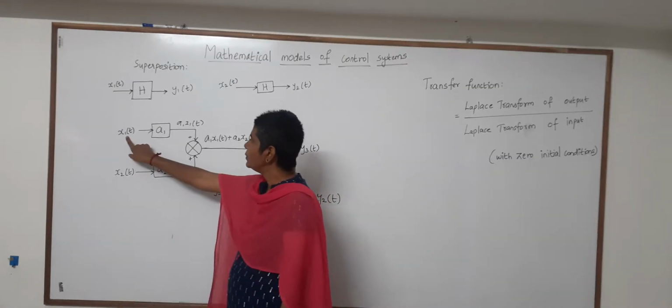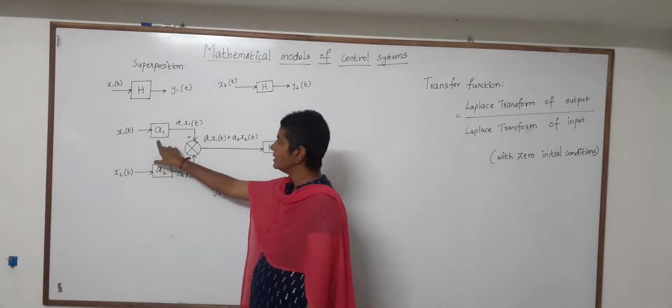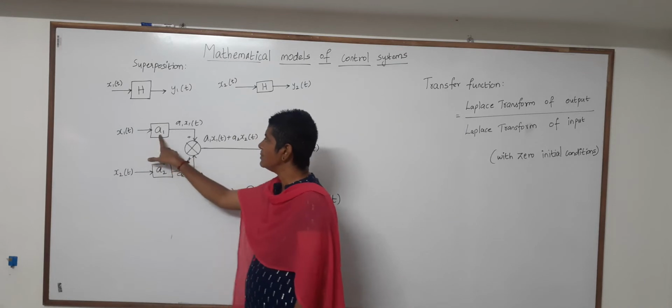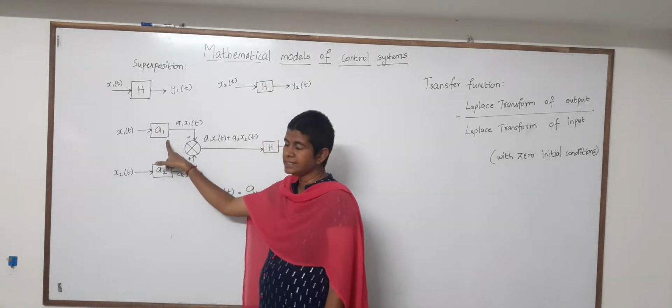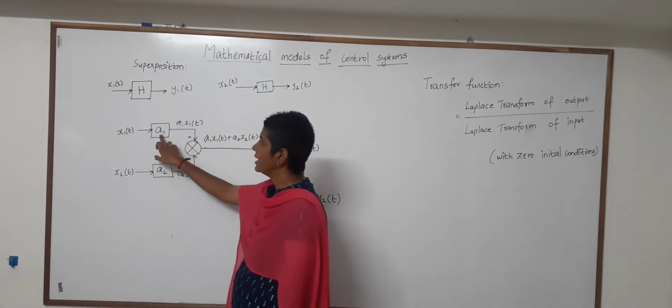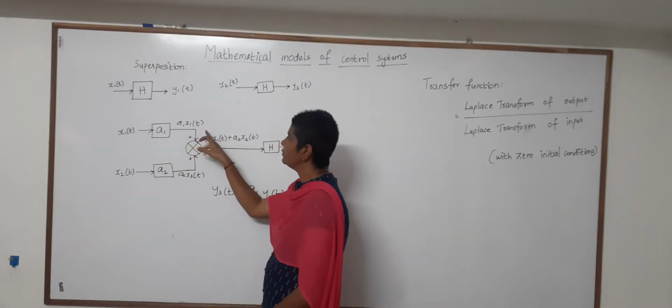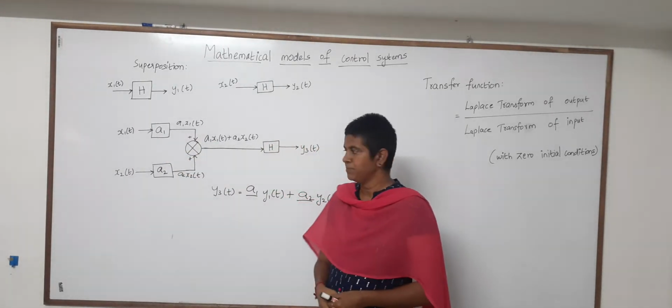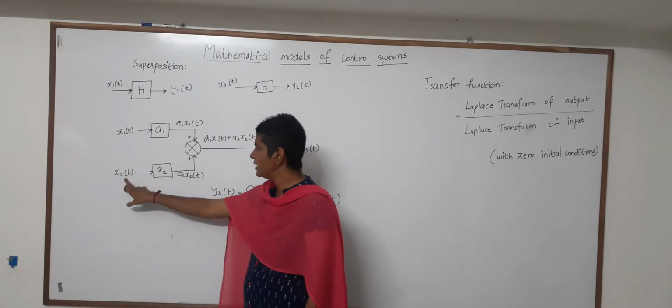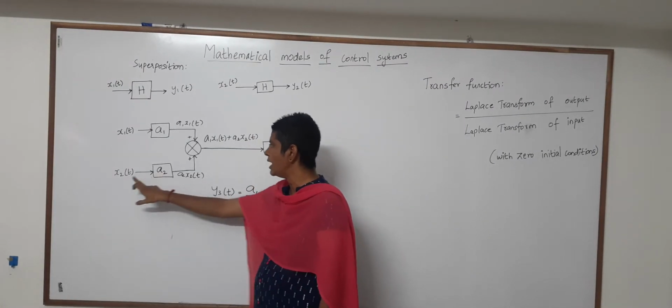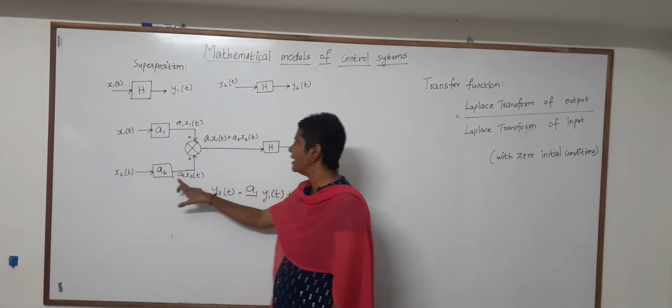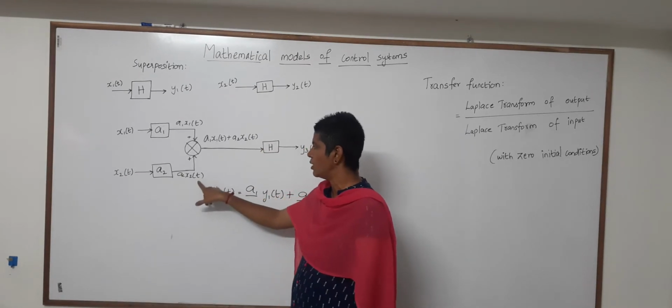Whenever the inputs are given to these constants, the two elements get multiplied. That is, x1 of t is multiplied with a1 and the output will be a1 x1 of t. Similarly, x2 of t is multiplied with a2 and the output is a2 x2 of t.